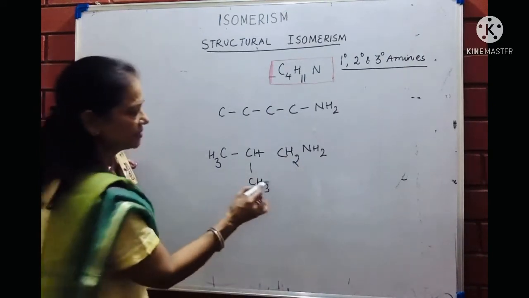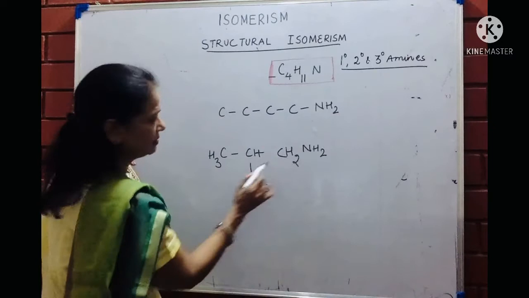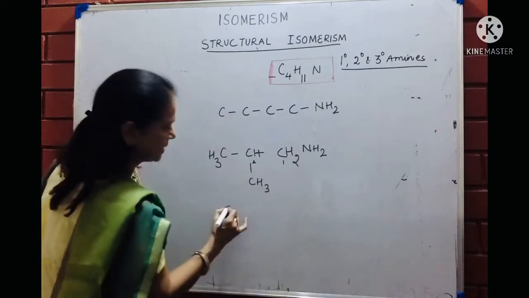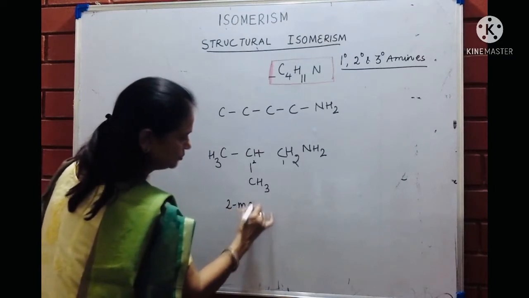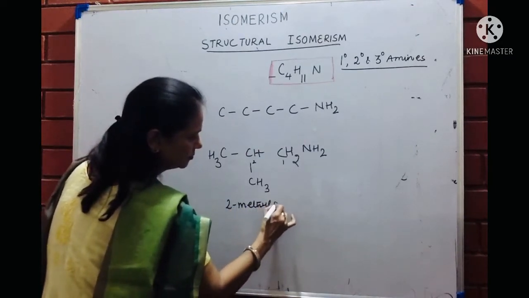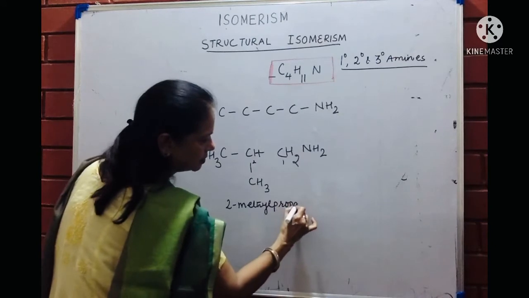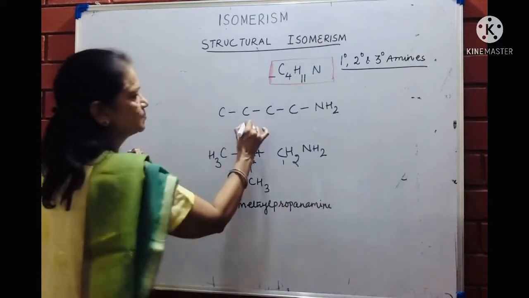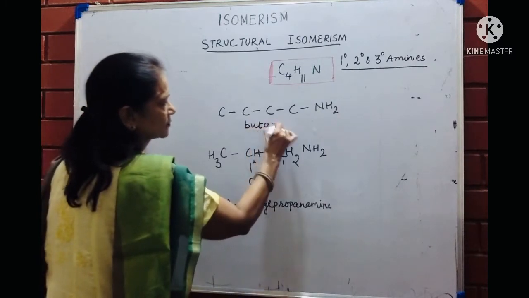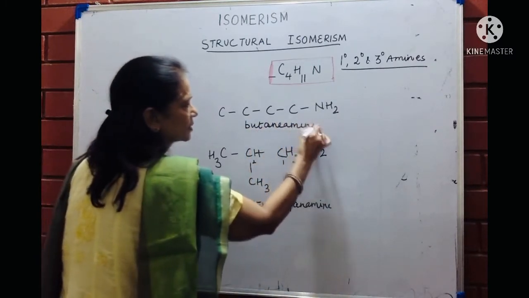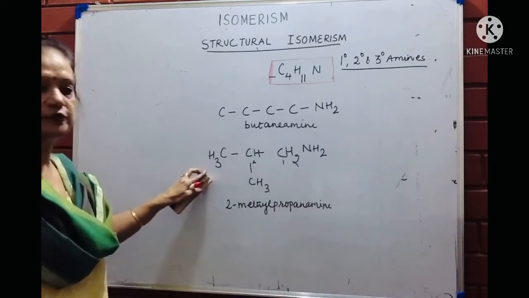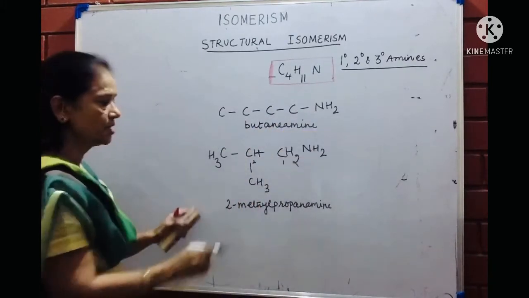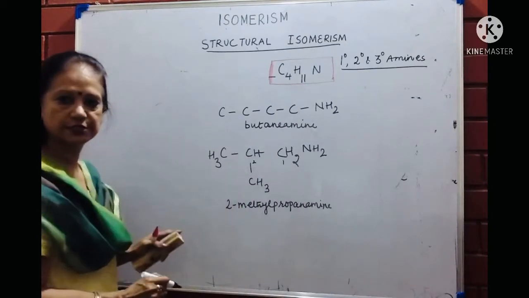You will name it as propanamine, but on propanamine at place 2 is a methyl group. So 2-methyl propanamine. This was butanamine. So between these two, we will say it is chain isomerism. The functional group is at the same place, but the chain has changed, right?